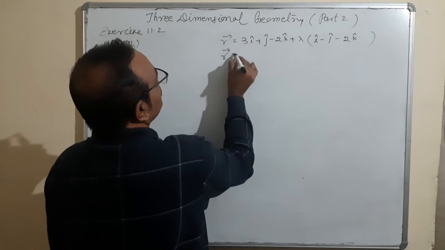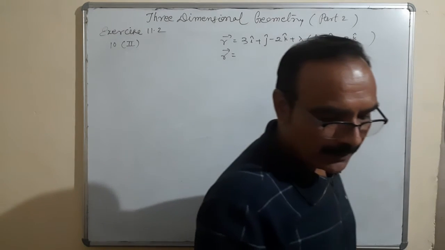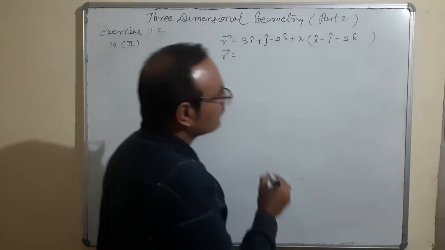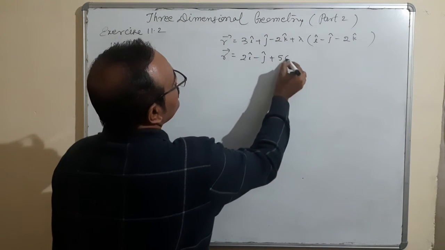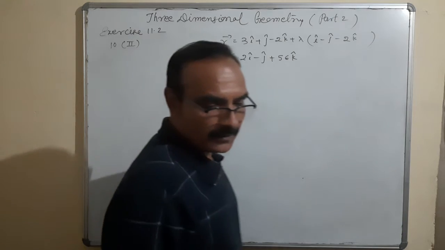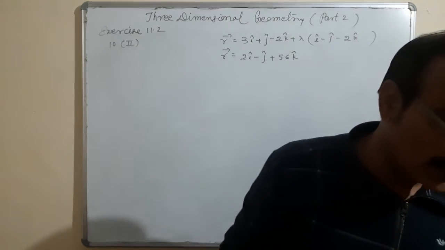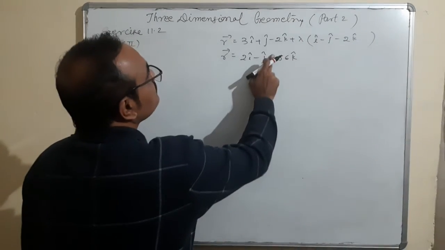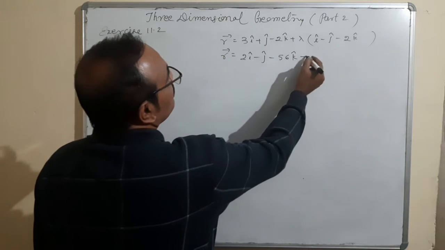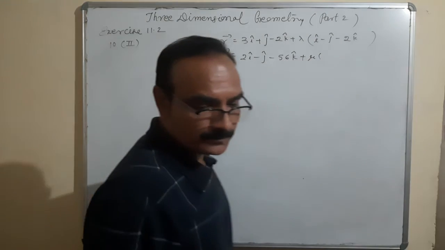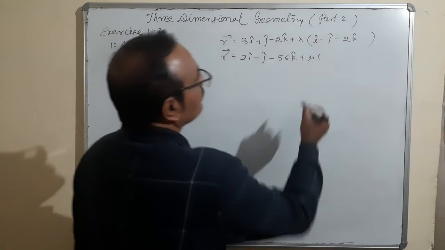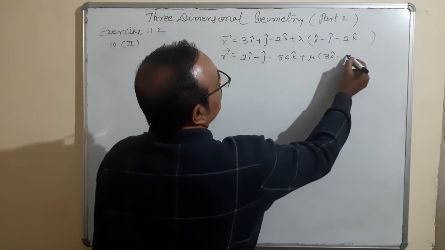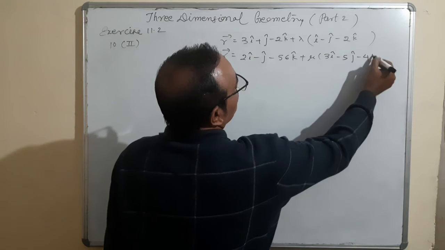Second, vector r is equal to, this is the equation of the second line, 2i minus j minus 56k. It's a very big number. Sorry, minus 56k, plus mu times (3i minus 5j minus 4k).